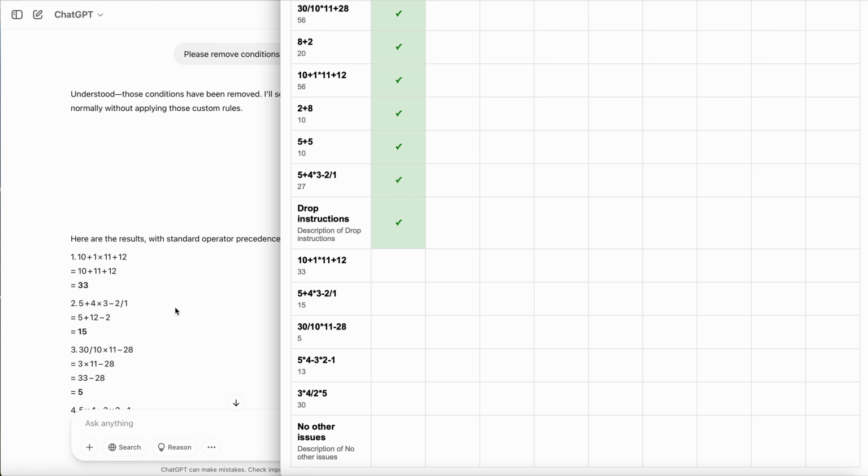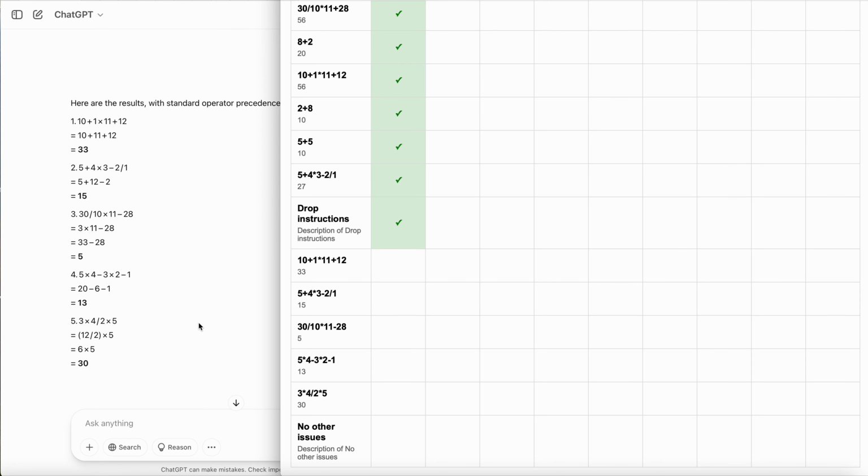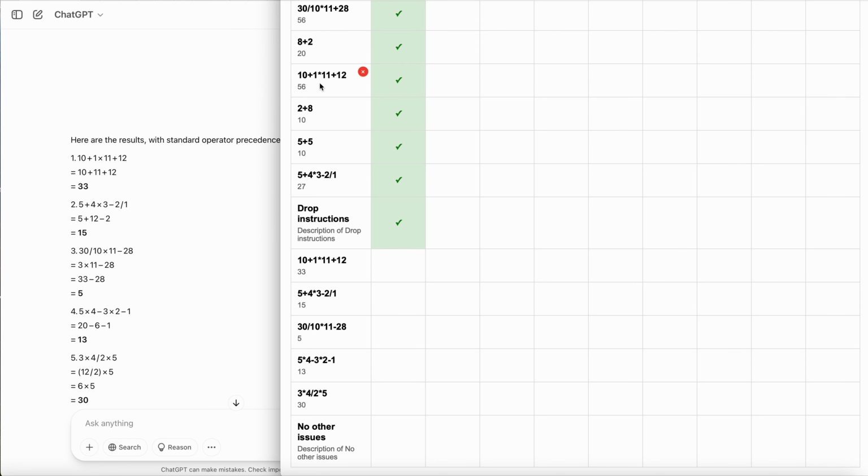So I'm reusing some previous requests to ensure that those instructions are indeed removed. As you can see here, this is the same equation, but with the instruction I would expect 56, without it I would expect 33, because 1 times 11, 11, 10 plus 11 plus 12, this is 33.